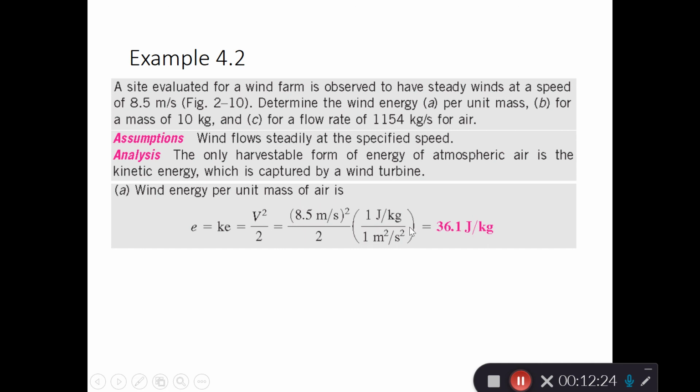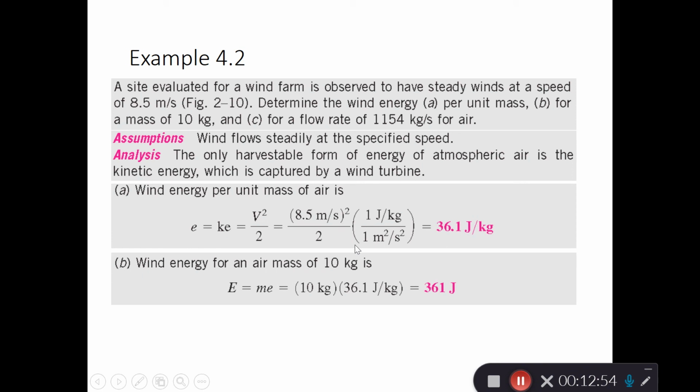Conversion here is just showing that if you use velocity as meters per second, you will get the unit as joule per kg. I repeat, if you use kinetic energy per unit mass, the velocity here is meters per second, then it will automatically yield the unit of joule per kg. Okay, this is for kinetic energy.